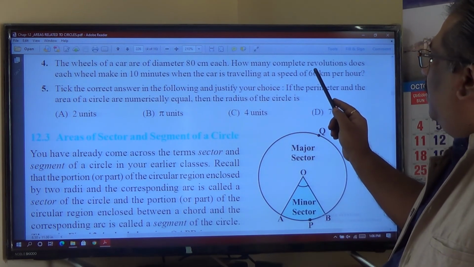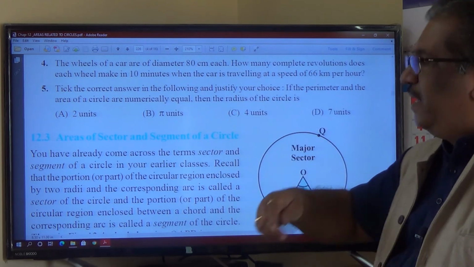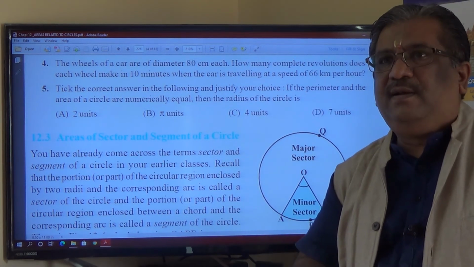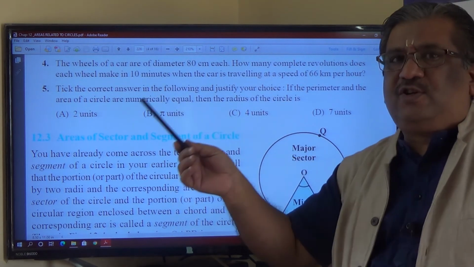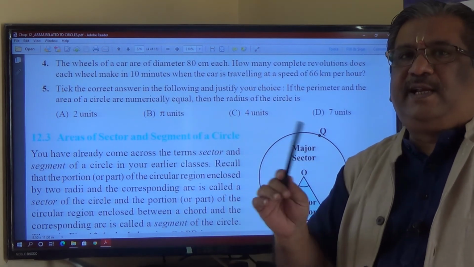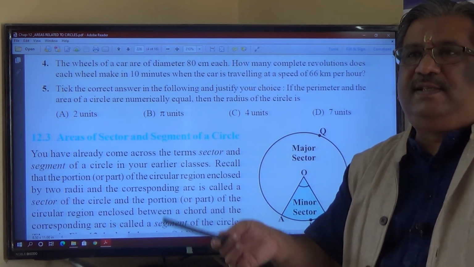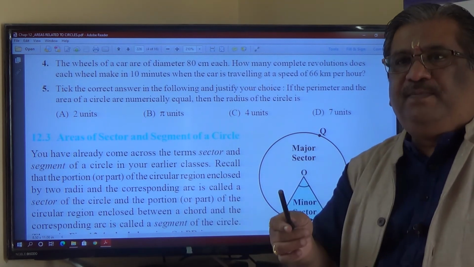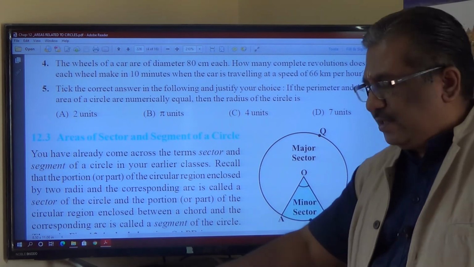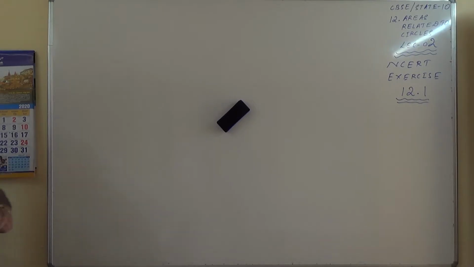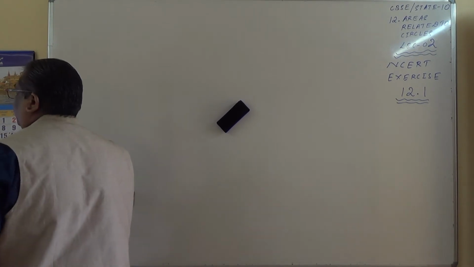So if the car wheel makes n revolutions, then the distance covered by the car in 10 minutes should be equal to n times the circumference, that is distance traveled by the wheel in n revolutions. If n is the number of revolutions, we'll solve this. So this is question number 4.